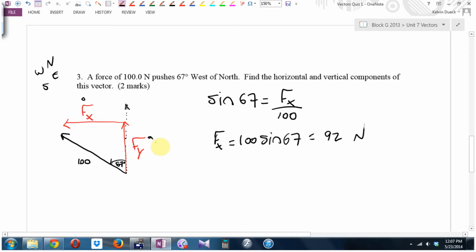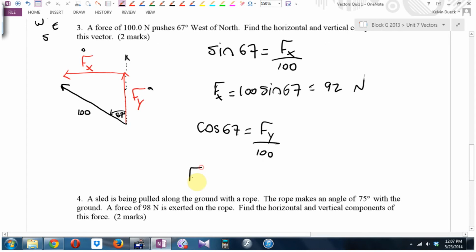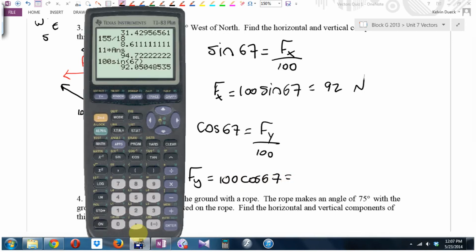Fy, that's adjacent and hypotenuse. I think cos of 67 equals Fy over 100. I got more room? Yeah, I do. Fy is going to be 100 cos 67. 39.1. I'll go 39.